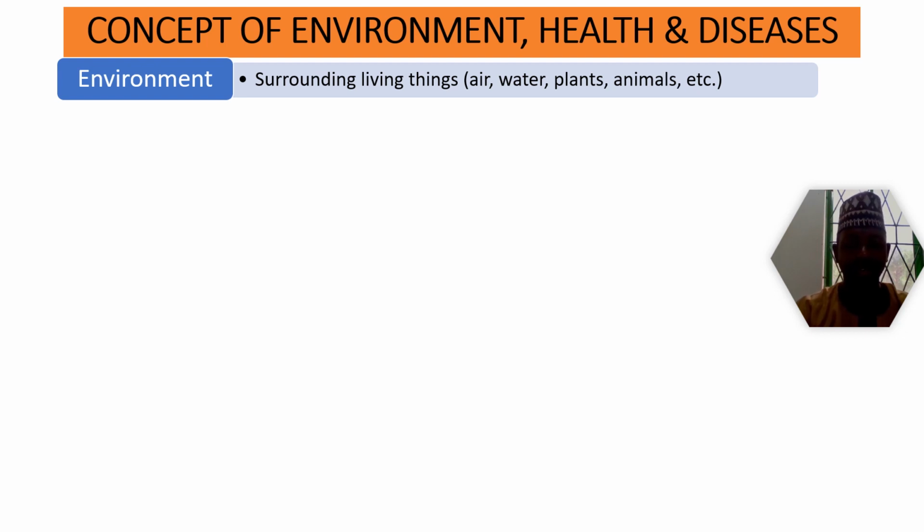These things include air, water, plants, animals. Now, all these components of the environment, in one way or the other, during the interaction with the living things, affect the living things either positively or negatively.